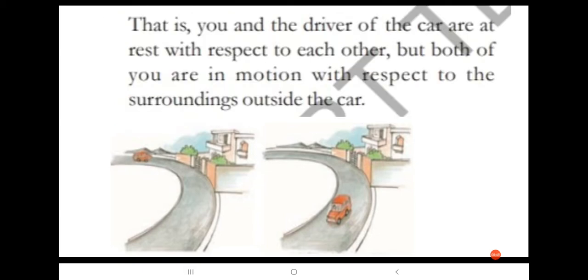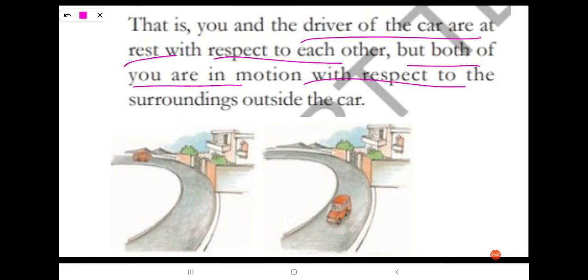So you and the driver of the car are at rest with respect to each other. But both of you are in motion with respect to the surroundings outside the car.